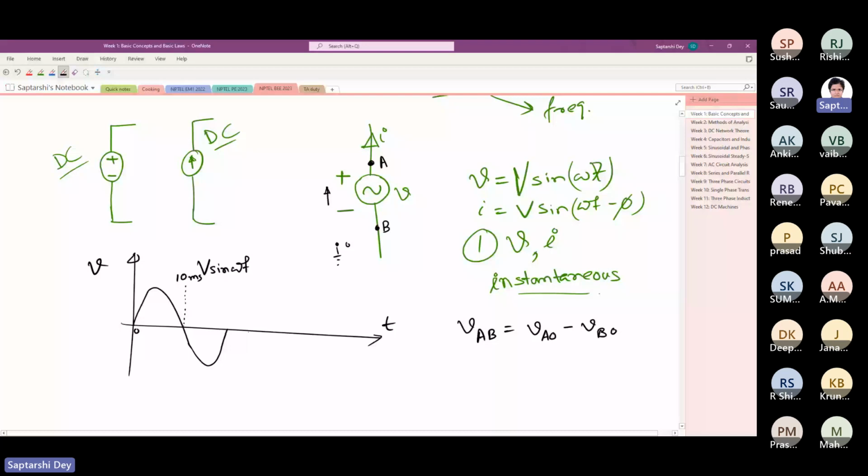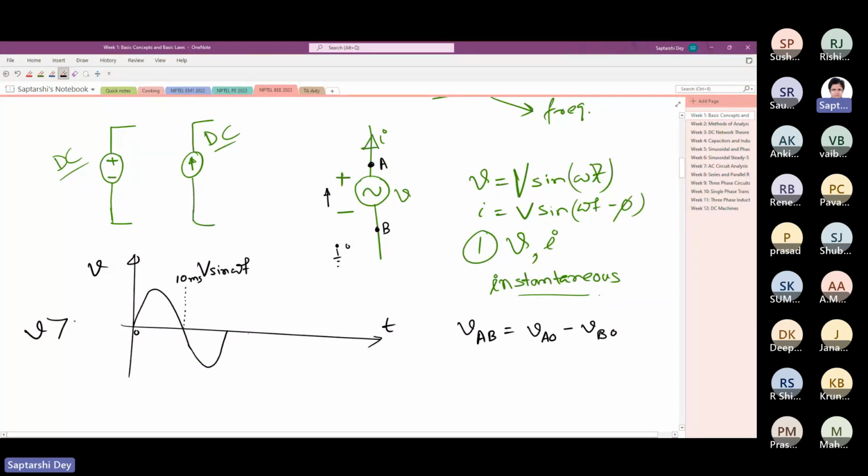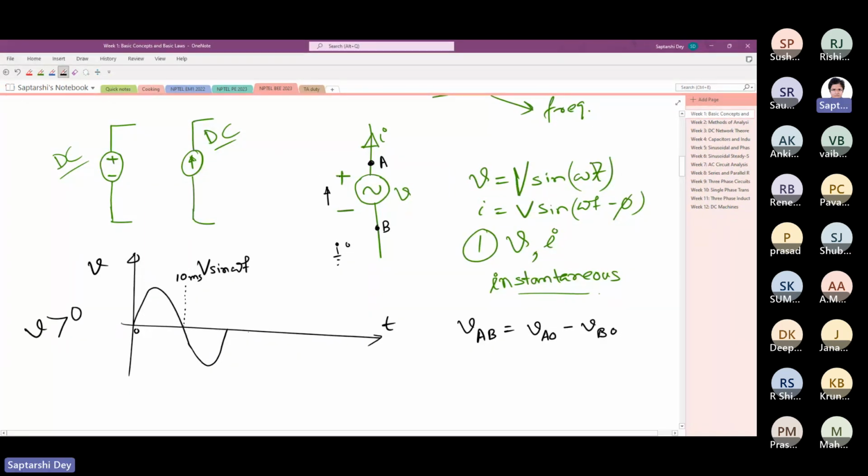I know that because during this time V was greater than 0 and I have put plus at the A terminal and minus at the B terminal. So whenever I write V for this voltage source as V sine omega t, I am measuring potential of A with respect to B.